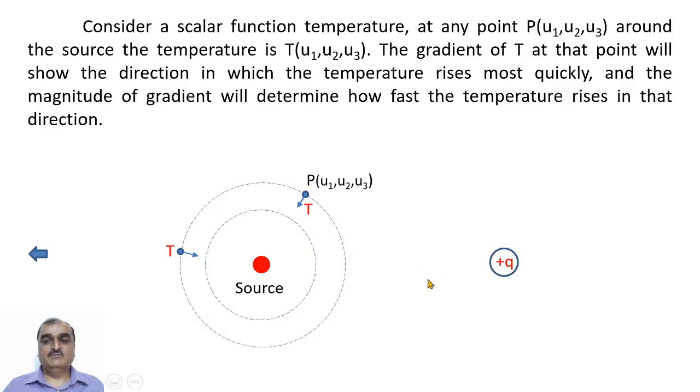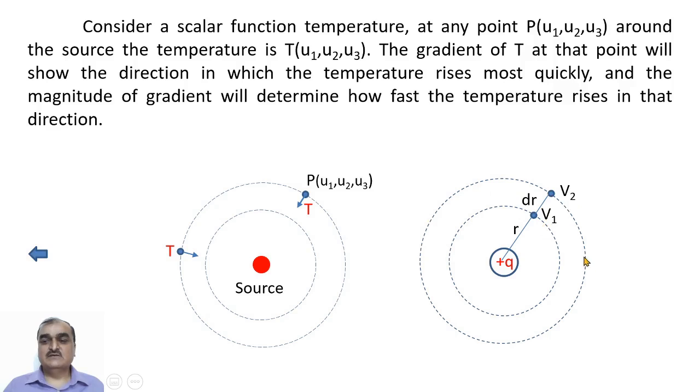Then take another example. Let this plus q be a charge q. Then the charge q produces electric field around it. Then consider a sphere of radius r and let v1 be the potential, because potential is a scalar function. On the surface of the sphere, let v1 be the potential.